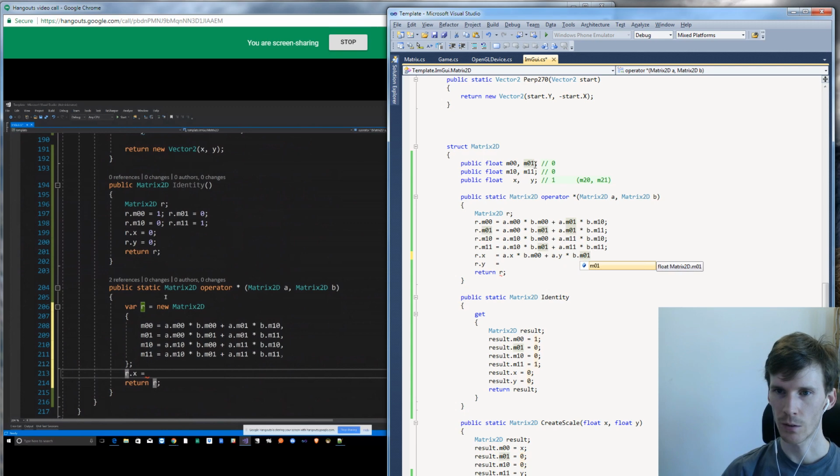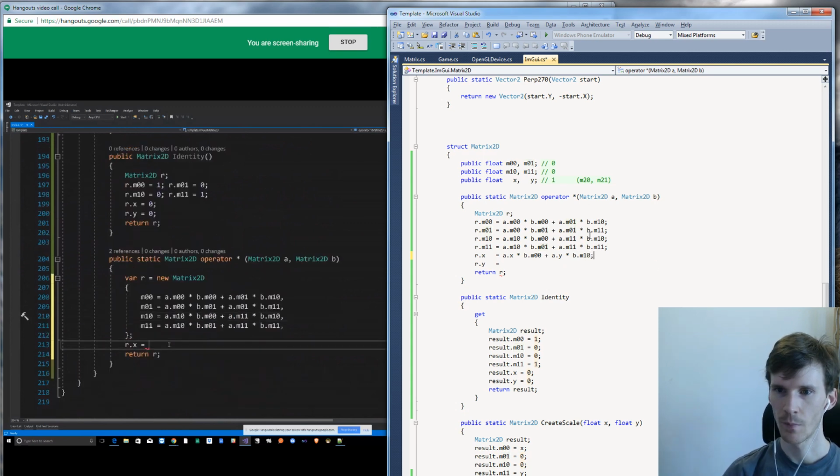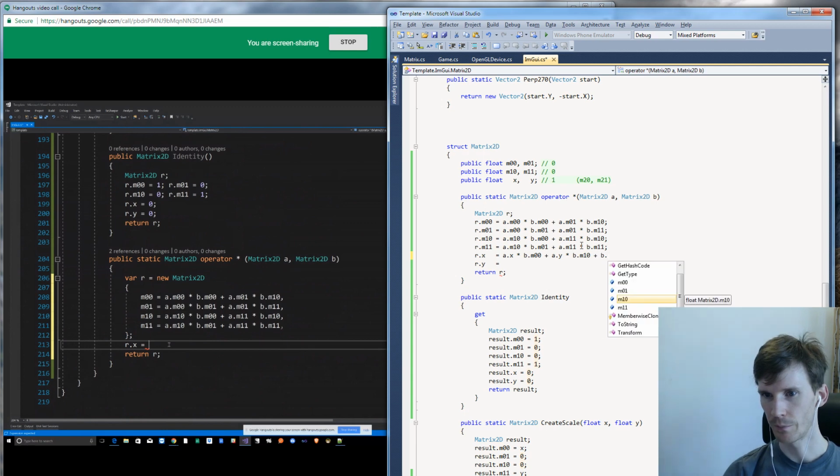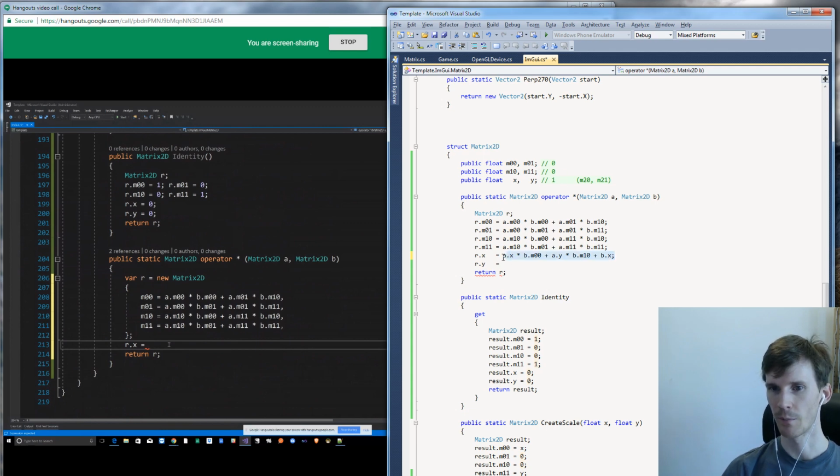No, across and down. So m 10. And then across is a dot this one, which is 1, times b dot x. So we've come down there, that one, that one, that one, 0, 1, 0, x, and then across on the a's, so a dot x, a dot y, and 1. So that looks pretty good to me.